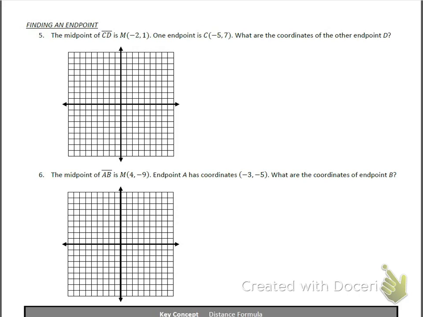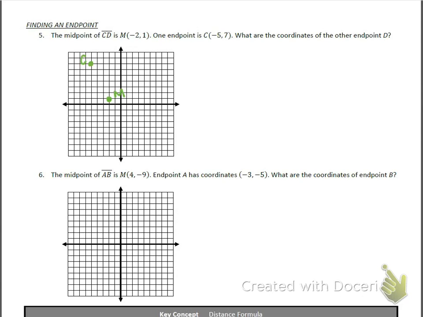So (-2, 1) is right here, and that's my midpoint, M. And then I tell you that the endpoint C is at (-5, 7). So 1, 2, 3, 4, 5. 1, 2, 3, 4, 5, 6, 7. So here is C.